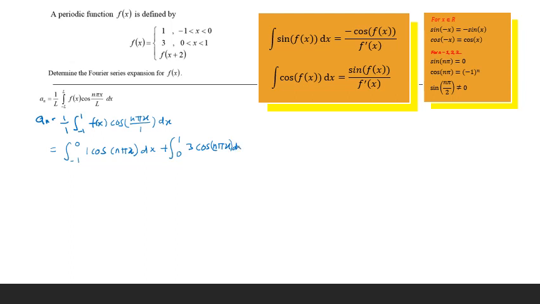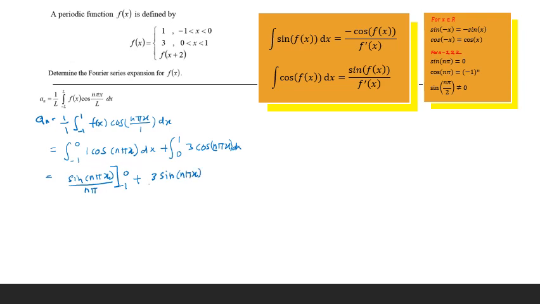Right, then we integrate cos, we will get sine n pi x over, so we put the constant. Our constant here is n pi. So from -1 until 0, plus integrate 3 cosine n pi x, so we get 3 sine n pi x.